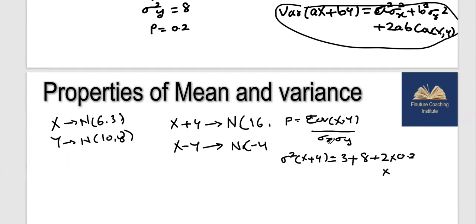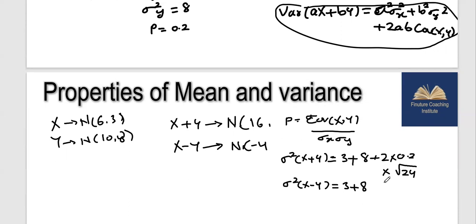Now you have been given sigma square x and sigma square y. So if I were to calculate sigma x times sigma y, it would be under root of 24. Okay, and when I say sigma square of x minus y, it is a very special case when your b is minus 1. So just one thing would vary.